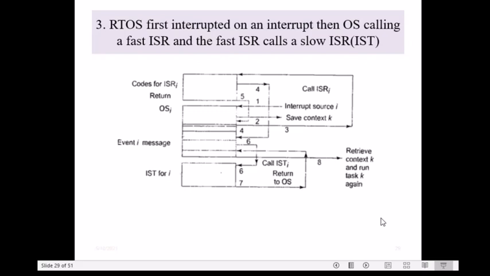The OS will consider each of the event messages from the FIFO and execute all the ISTs. And only after executing all the ISTs, the interrupted task will be loaded again and executed further. So these are the three methods of interrupt handling in real-time operating systems.